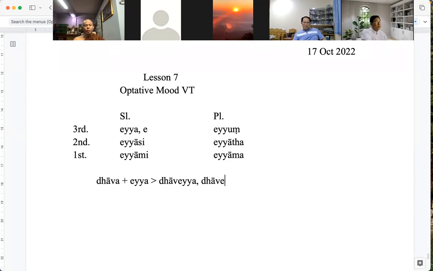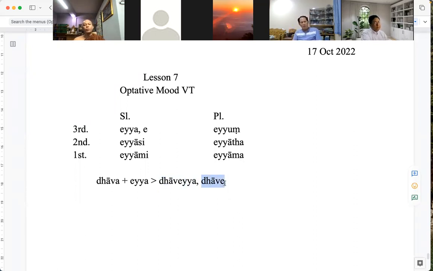Now why is this verb termination contracted from iya to e? You see here, iya is a double syllable, two syllables, but e is a single syllable. So here da, vi, ya is three syllables, but in the contracted form, da and ve, only two syllables.